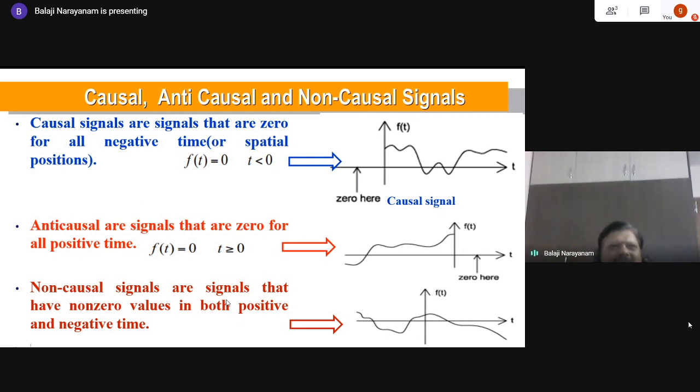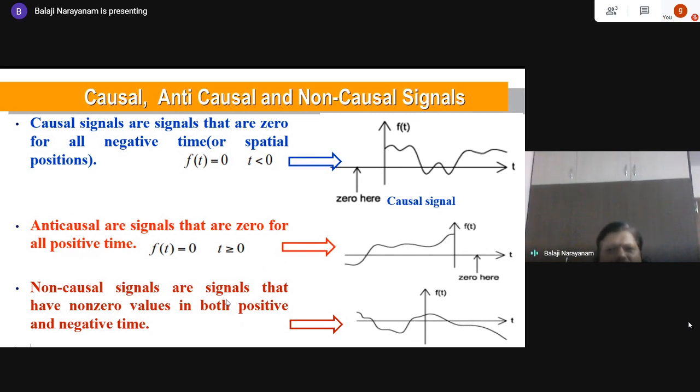For example, take the case of an electronic or an electrical appliance. For example, you have a fan. Now, you are going to switch on the fan, say after 10 minutes. Anticipating that you will switch on the fan after 10 minutes, the fan will not start rotating now. That means your system is a causal system and it is not anticipating the future input values.